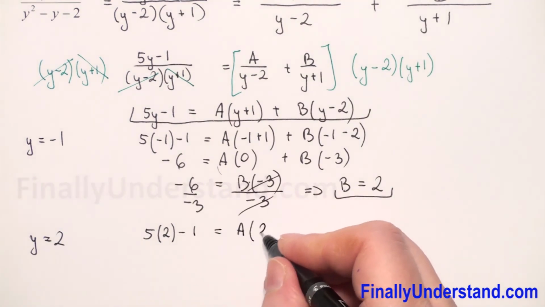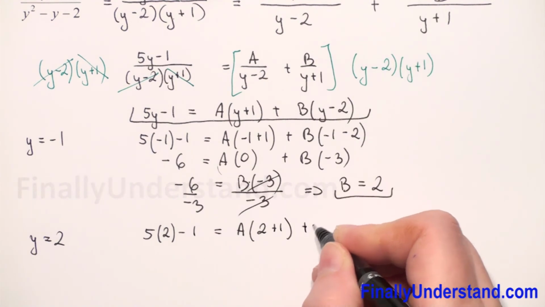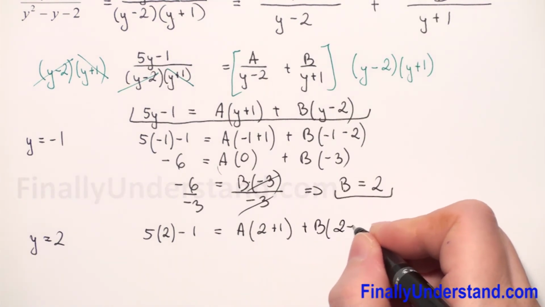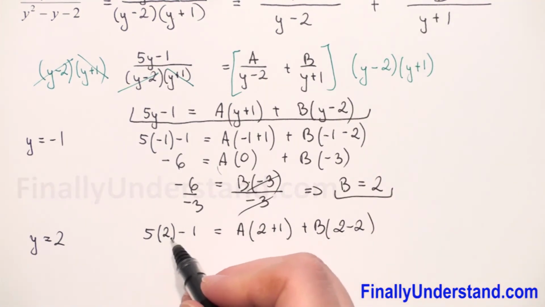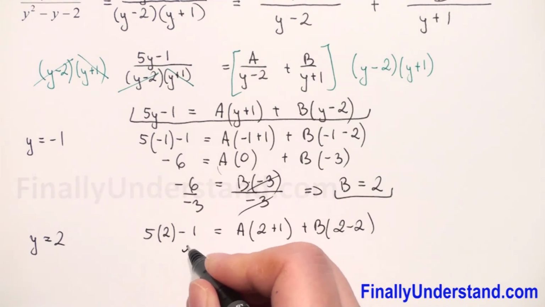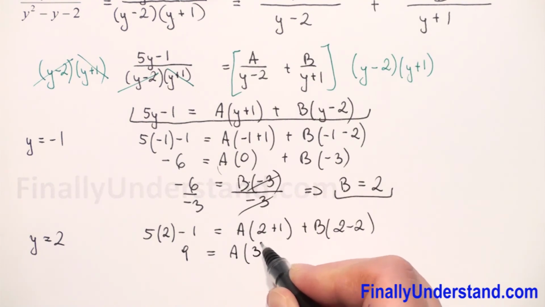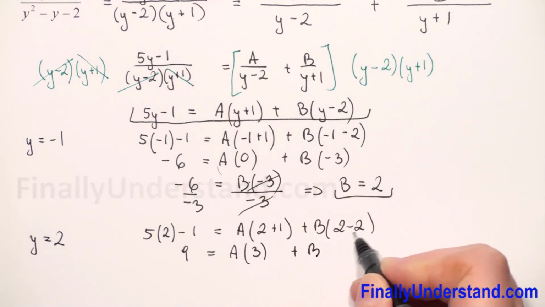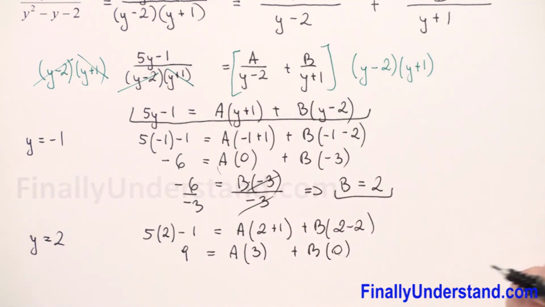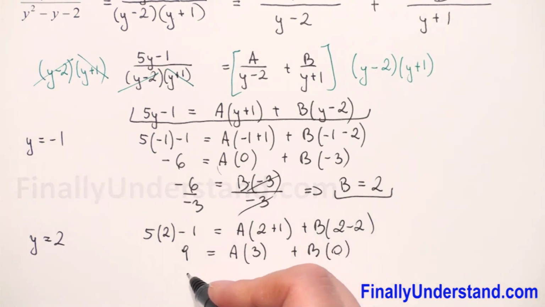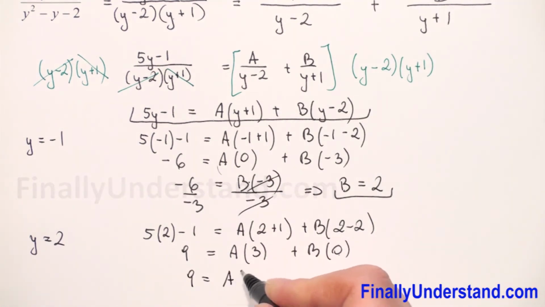And in parentheses will be 2 plus 1 plus b. And will be 2 minus 2. 5 times 2 is 10, minus 1 is 9. So this is equal a times 2 plus 1 is 3, plus b, 2 minus 2 is 0. So b times 0 give me 0. So now we have only 9 is equal a times 3.